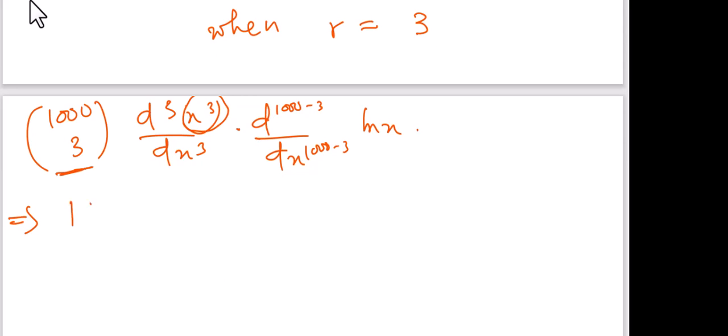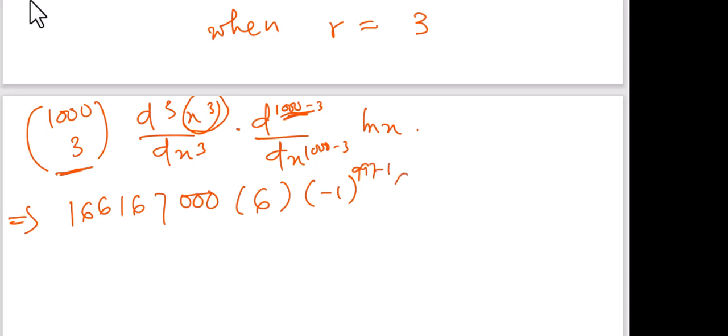So you just have 166,167,000 times 6, and negative 1 power 997, and here 997 minus 1, for the formula for differentiating ln x. That will be (997 minus 1) factorial, then x power negative 997.